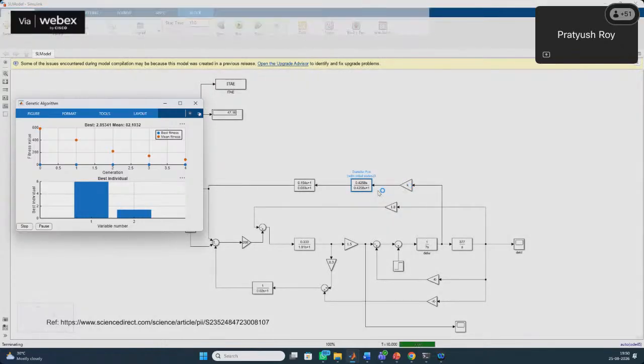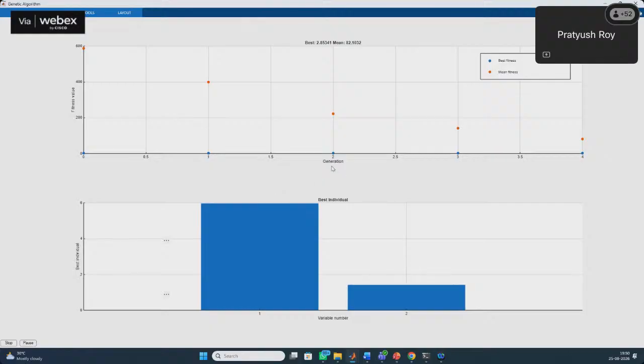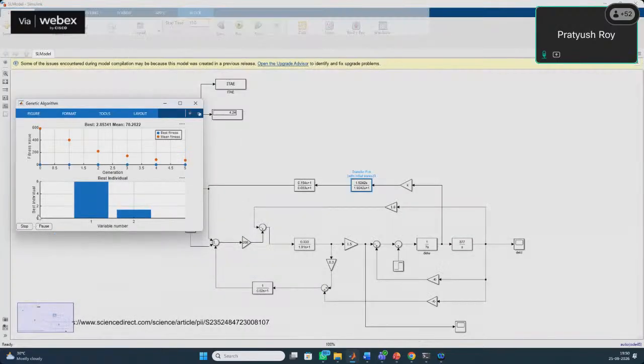If you notice, this value has drastically changed. We had started from 3 and now we are at 0.4258 seconds or so. But if you notice, the mean fitness value is decreasing, which means we are able to find better fits as we move through generations.